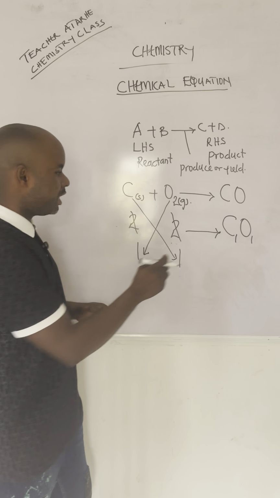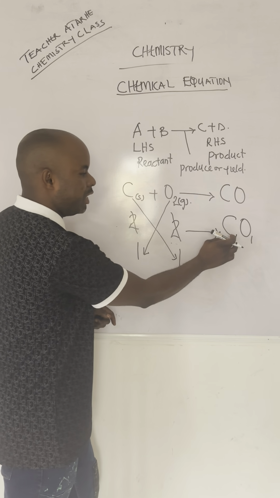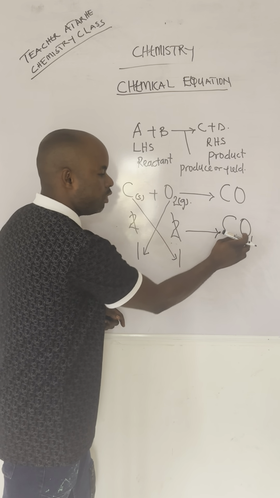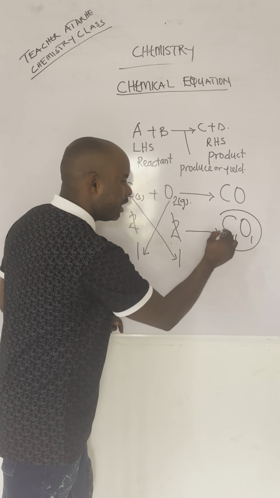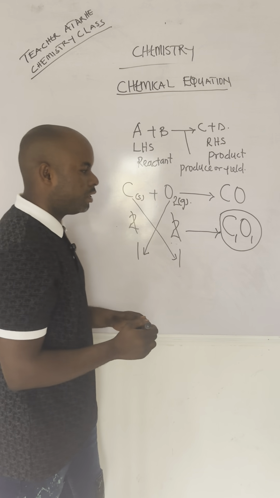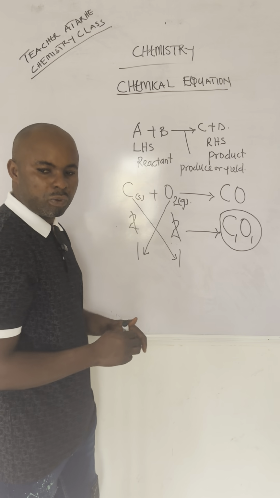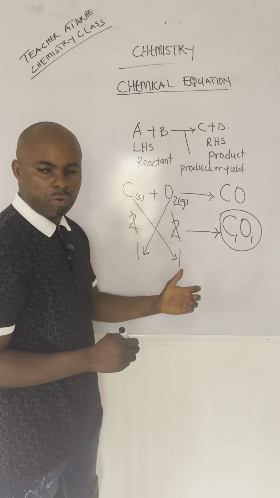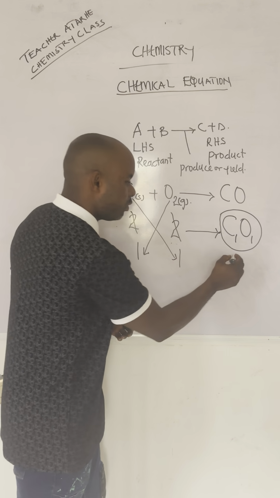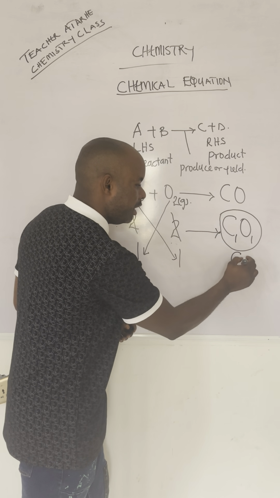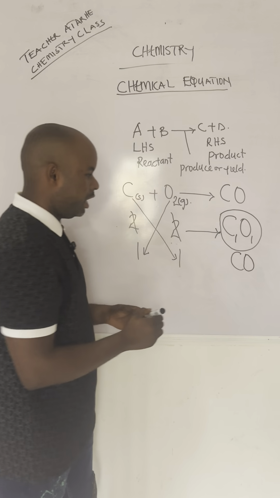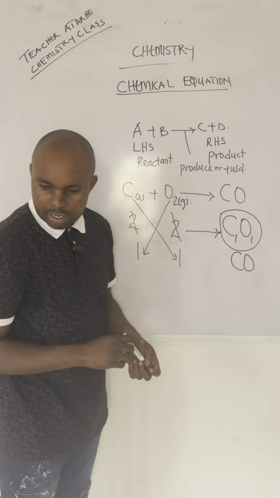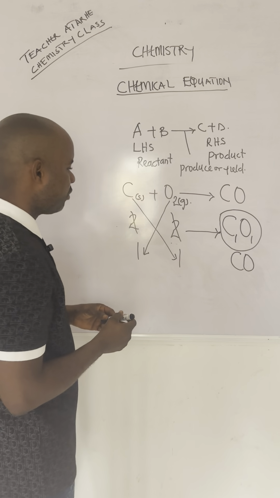When they come together, we have C1 and O1. In chemistry, we don't write C1 O1 because we are trying to avoid repeating ourselves. We don't want to be repetitive. We write carbon as C. We already know that we have 1 carbon, we have 1 oxygen. Invariably, we have this equation in this format.